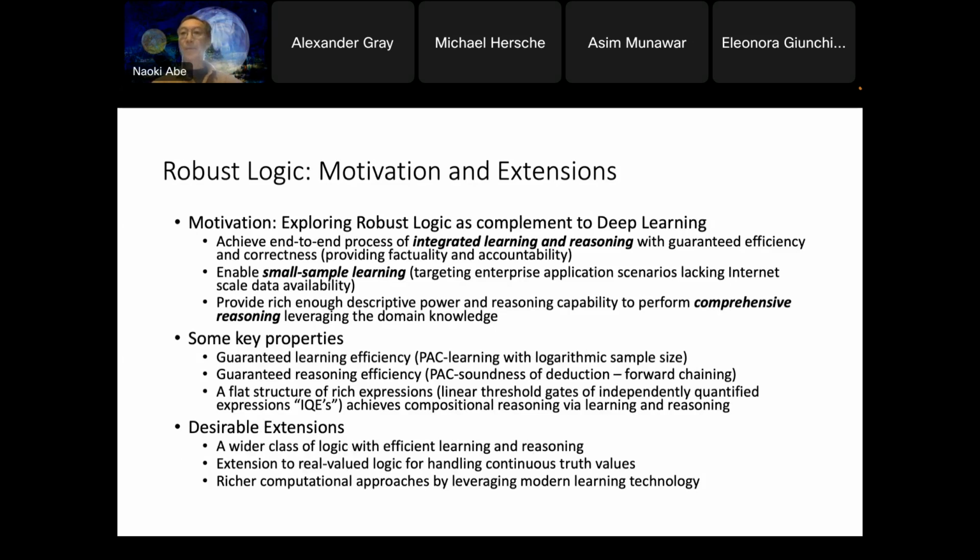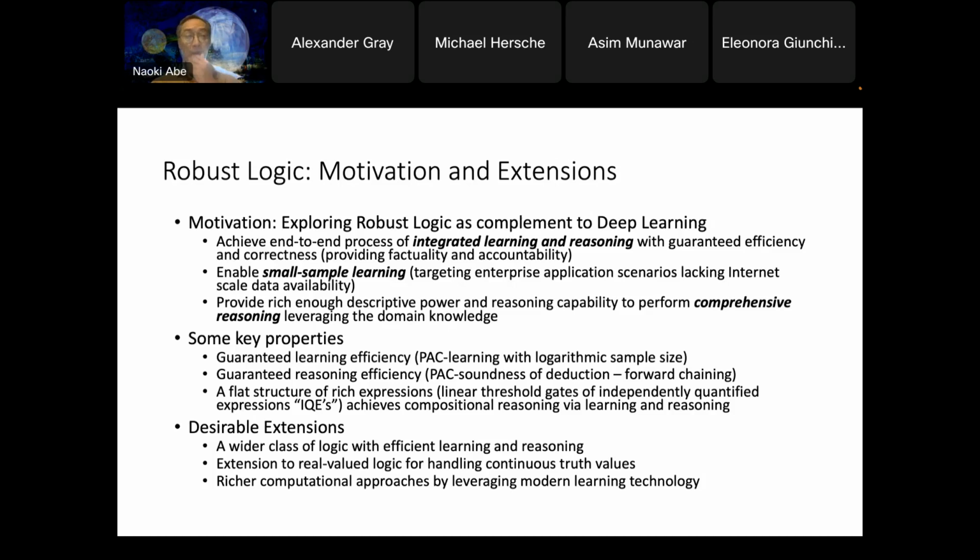Additionally, this approach allows small sample learning, which is important, especially in enterprise application scenarios in which we may lack the luxury of internet scale data availability. Besides, this framework provides enough descriptive power and reasoning capability to perform comprehensive reasoning, in which we may leverage domain knowledge. These are the main motivations.